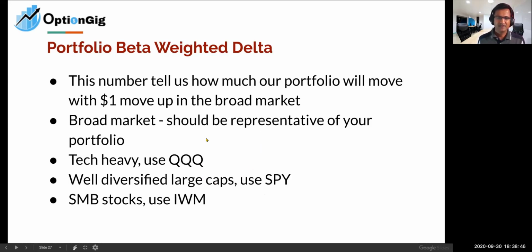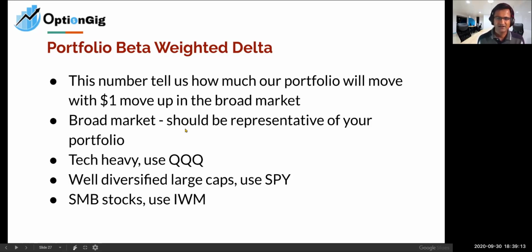Then you can keep QQQ as a North Star. This is what I want to look at always, and I need to understand that if QQQ goes down, what could potentially happen to my overall portfolio. Or if it is well diversified, keep an eye on SPY. Use that as a barometer of the broad market for your portfolio.